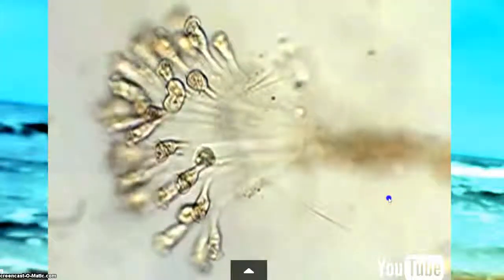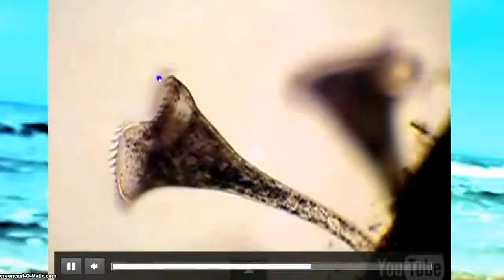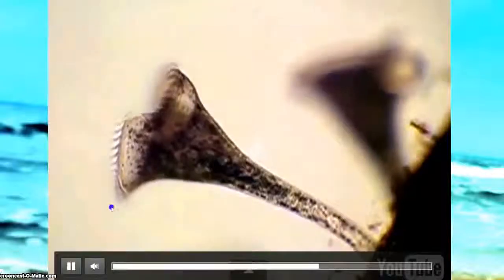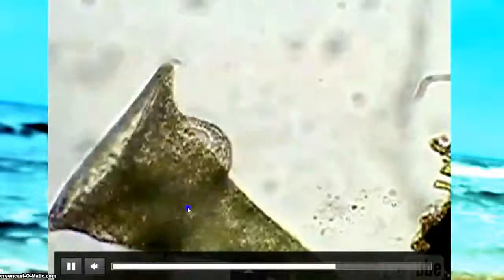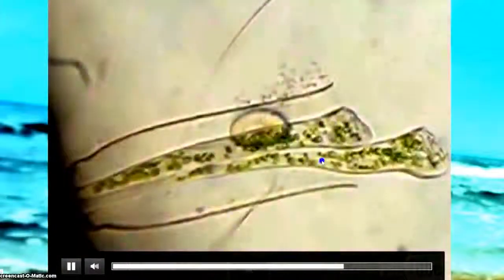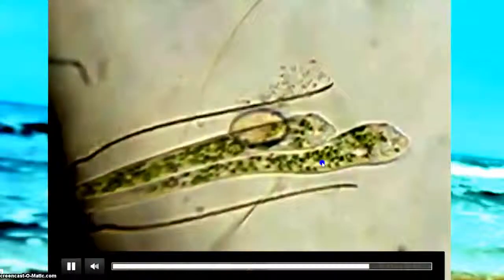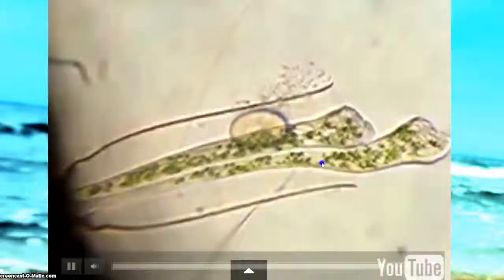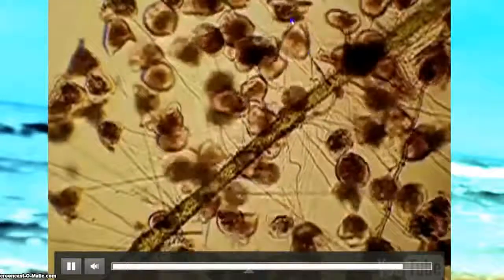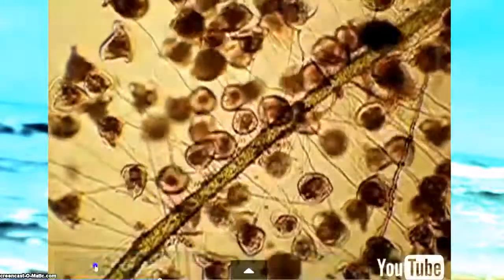See, right there. This is a better example. It's all around here, all around there. And as you can see, it's helping them move around. You can see so many of them.